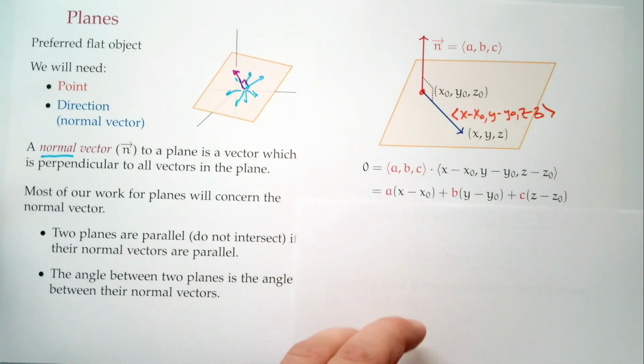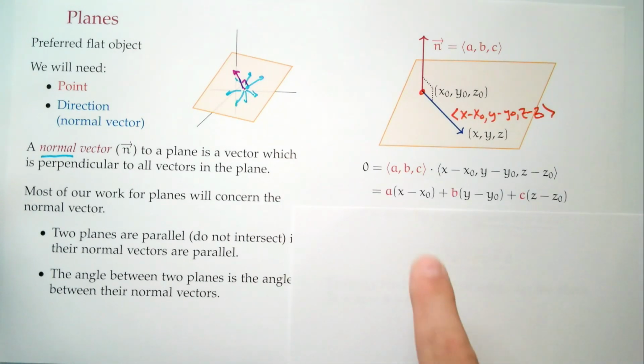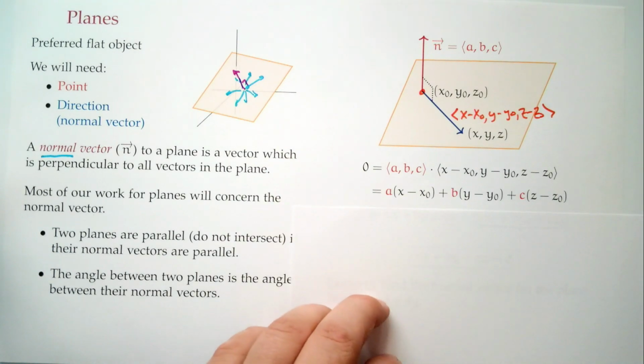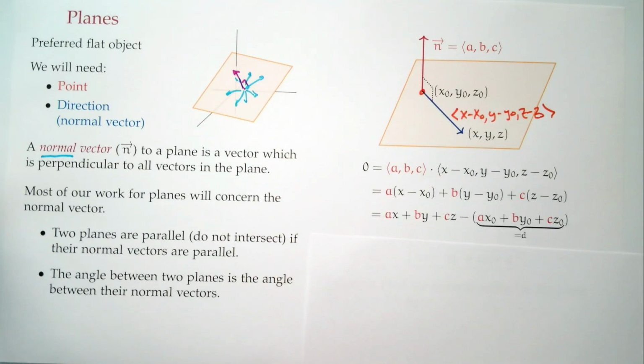Well, if you multiply this out, that becomes a times (x minus x0) plus b times (y minus y0) plus c times (z minus z0). Now, the way we usually do this expression is we say, let's rearrange it. So we put the variables ax and by and cz together, and then there's all these other terms which aren't varying. They're fixed. They depend on the plane.